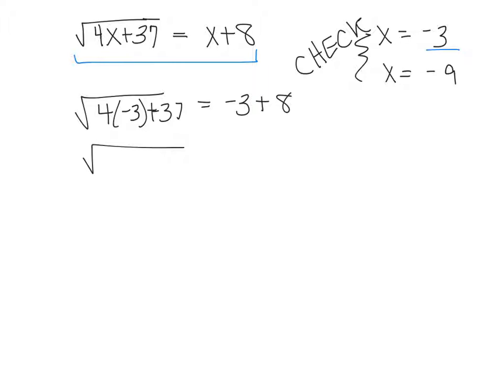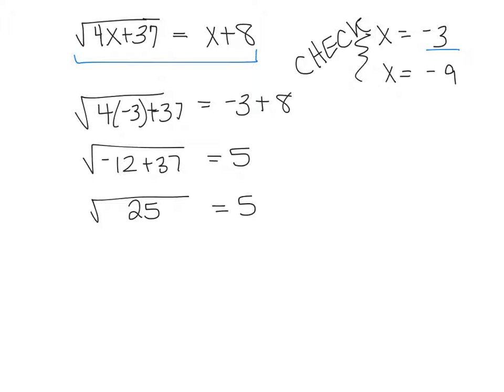This becomes the square root of negative 12 plus 37 equals 5. Negative 12 plus 37 is 25. So the square root of 25 equals 5.